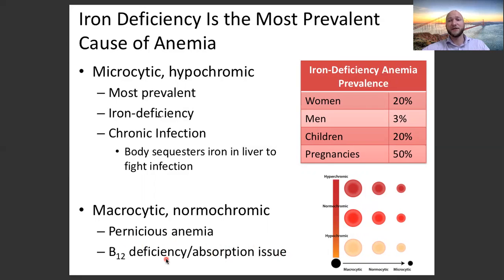Sometimes it's a dietary deficiency, and that's usually vegans. Anybody who's a vegan probably knows a lot about vitamin B12 because vegans need to be careful about it. They need a supplement, or they need to eat specific foods that contain B12, because there are only a couple of really vegan friendly sources.